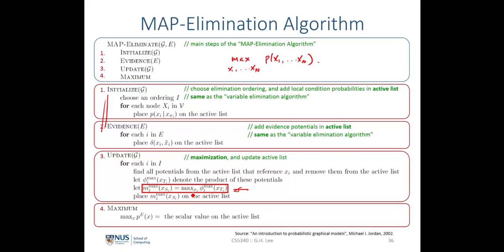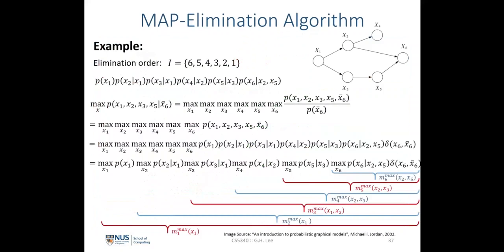So the difference here is that instead of a sum, we are doing a max over the random variable in the ordering list. Finally, when we have exhausted all the terms in the active list, we can find the maximal probability value, which is equal to the scalar value on the active list.